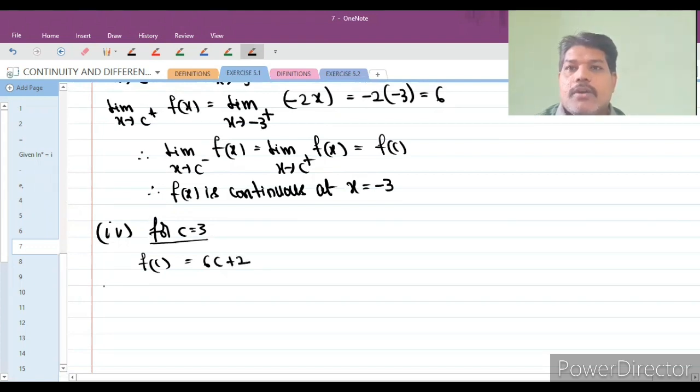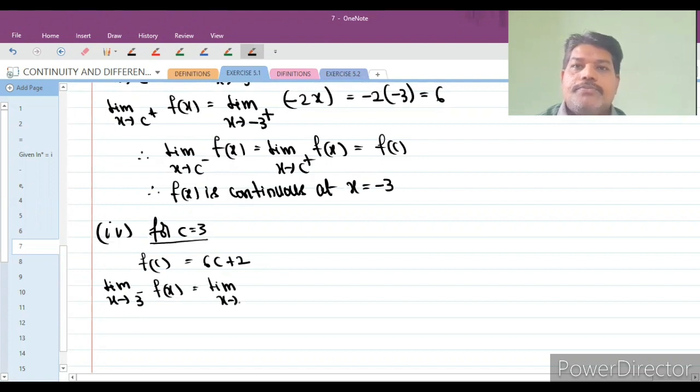Next, what will I take? Left hand limit. First, I will take the left hand limit. Limit x tending to 3 minus f of x. Here the 3 minus meaning, I will take that as c, so c minus meaning c is equal to 3.